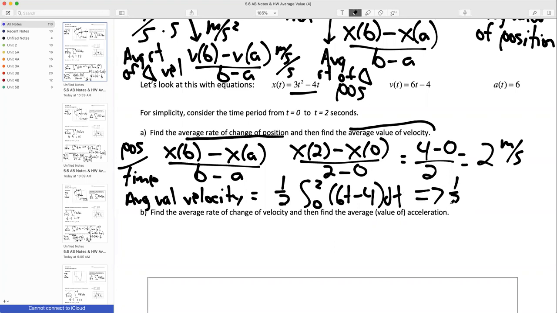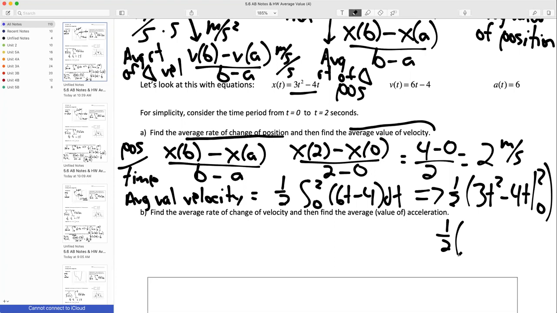Okay, so the 1/2 stays here. The antiderivative of 6t is, wait, isn't it going to be the same thing though? It is, but I want to show you that it works. The antiderivative of 6t is 3t squared. The antiderivative of -4 is -4t, and it's evaluated from 0 to 2. This gives me 1/2.